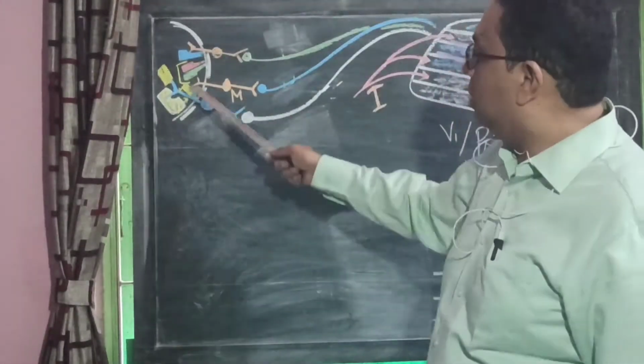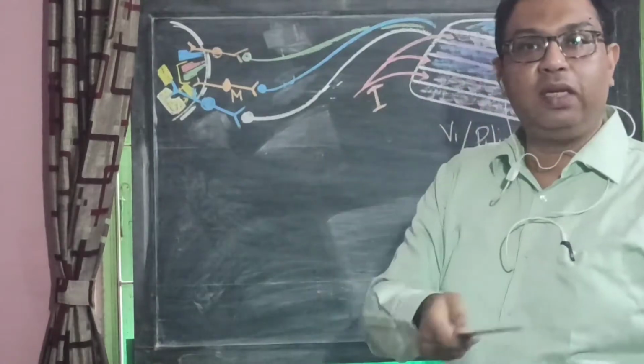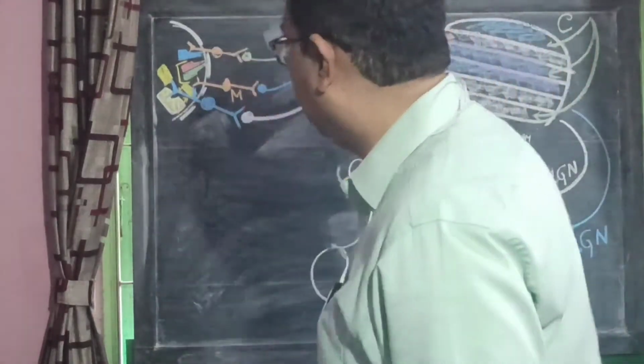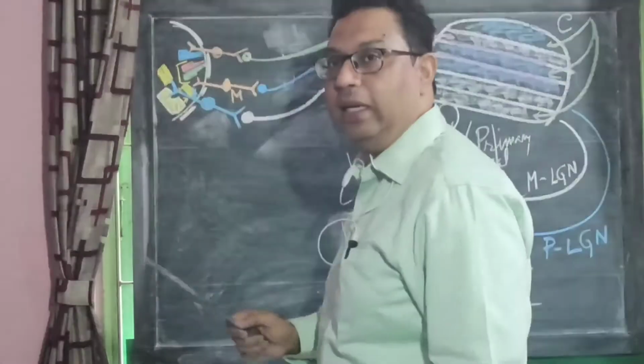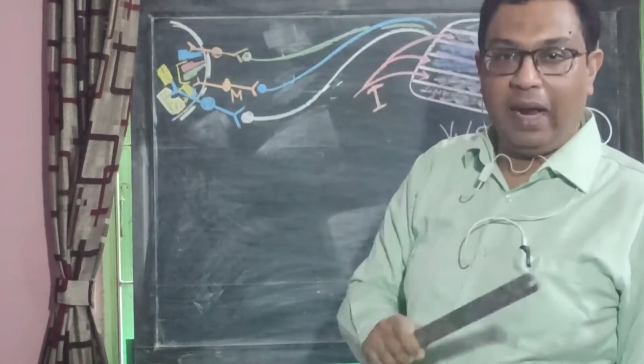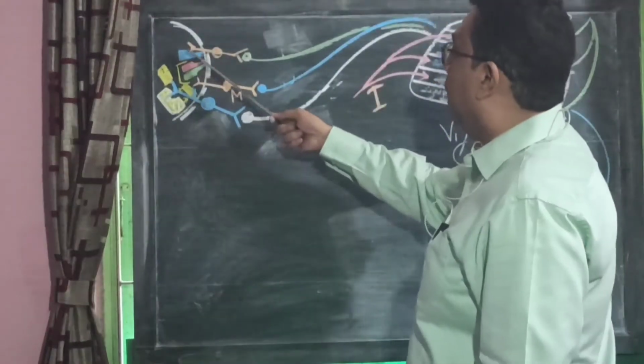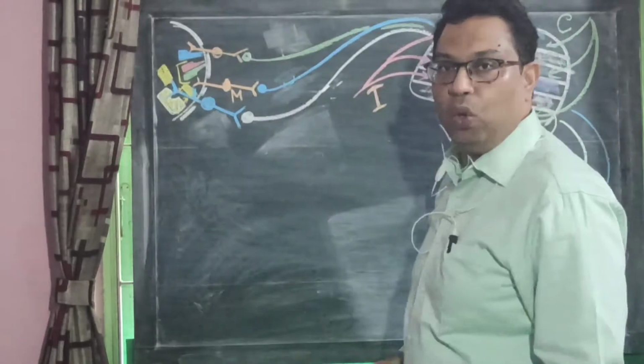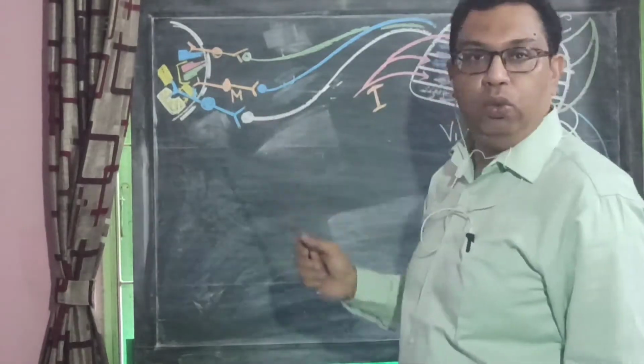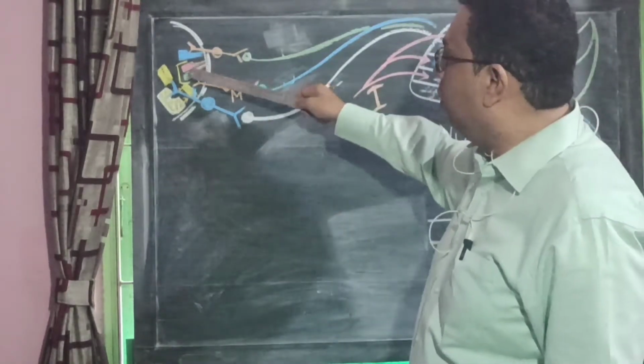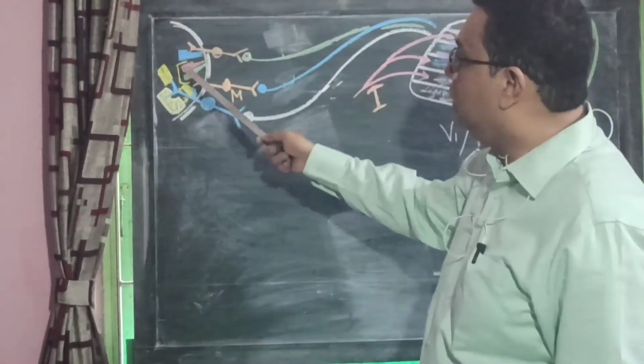The rods are usually scattered all over the retina except for the fovea, and they are very sensitive even to very dim light. And the S cone, the cone which is catering to the blue light spectrum, is not in the fovea, it is just outside the fovea. So these also cater to color.